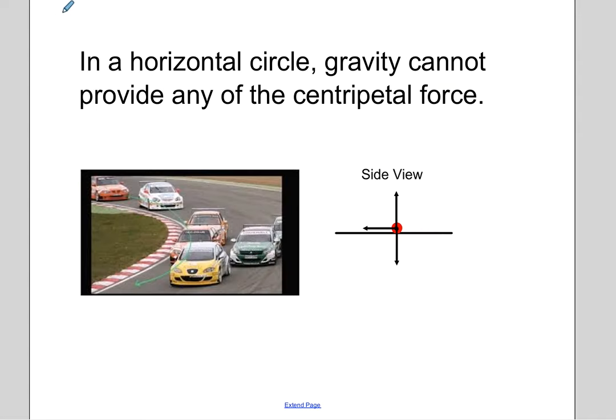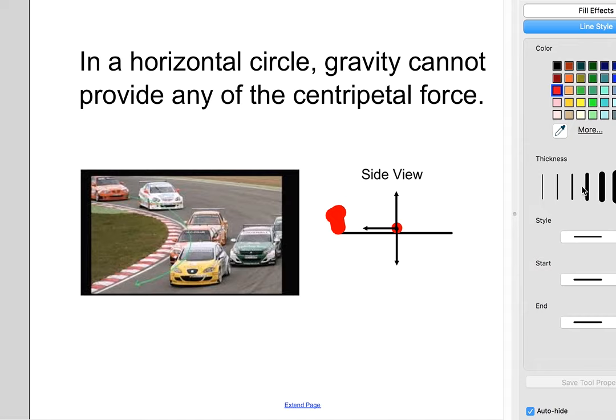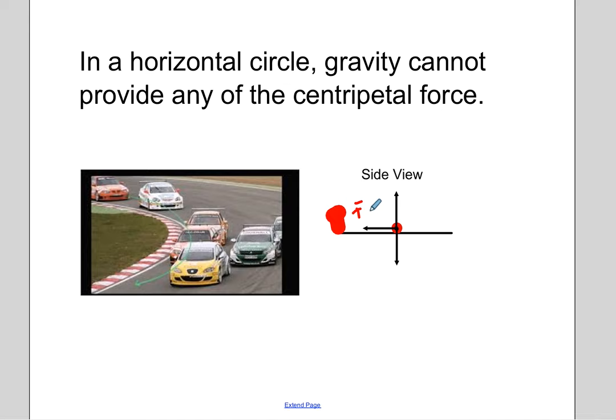In a horizontal circle, gravity cannot provide any of the centripetal force, just like we just did with the car. These cars are traveling in a horizontal circle, right? We just showed that the centripetal force is being provided by friction. So we said that the friction force is providing the centripetal force.